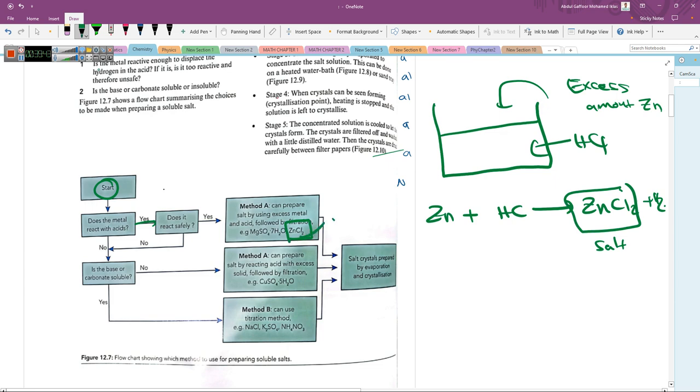And again, if you take magnesium and H2SO4, what will happen? It will produce MgSO4, right? So you can produce MgSO4 also. Don't worry about this water. MgSO4 will be produced. So yeah, this is okay, right?